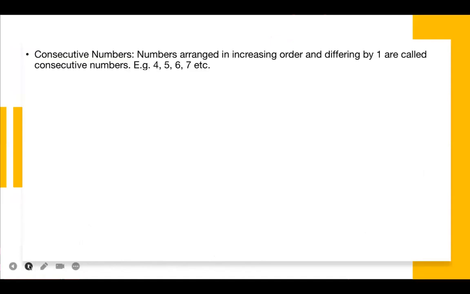Let us see another slide. In this slide, I have taken consecutive numbers. What are consecutive numbers? Consecutive numbers are numbers arranged in increasing order, differing by 1 or 2 or 3 and so on. If we take x plus 3, x plus 6, x plus 9, and so on, those are also known as consecutive numbers.